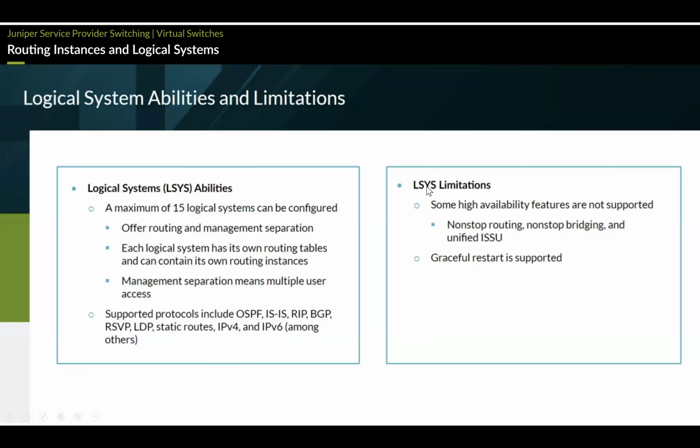Other limitations: some high availability features like nonstop routing, nonstop bridging, and unified ISSU are not supported. Under a logical system, you cannot apply PBR or RPM probes. There are multiple limitations in logical systems, but you can configure graceful restart in a logical system.